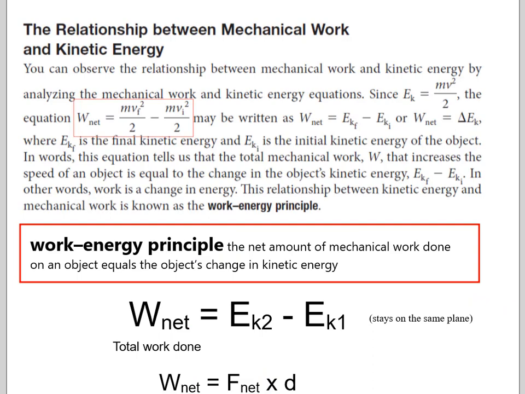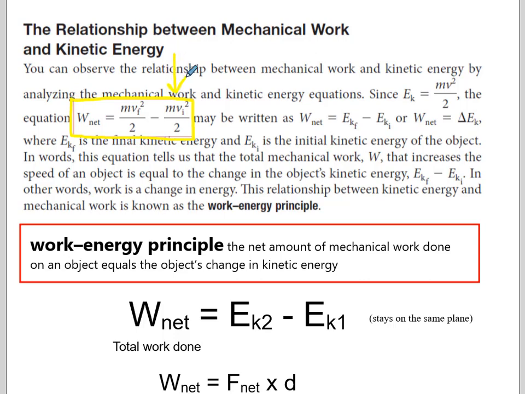Okay, so last part, the relationship between mechanical work and kinetic energy. Now, this expression right here was in our proof. It had an orange box around it, so if you want to scroll back a little bit, this is the equation before we make the assumption that the initial velocity is 0. So when we made our original kinetic energy formula, we assumed this term would go to 0.